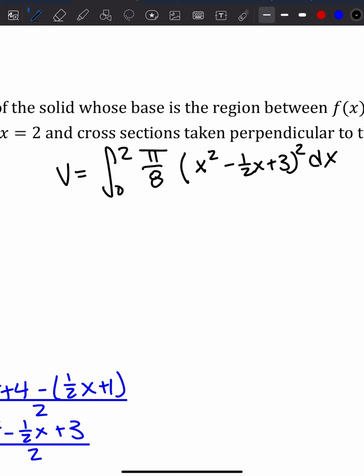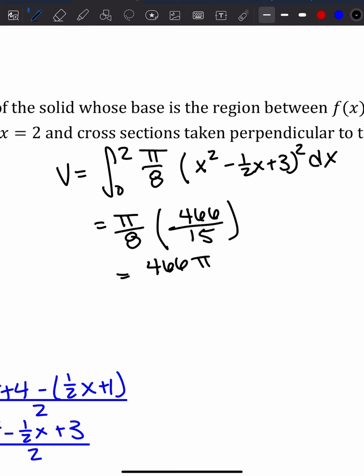Once again, I'm focusing more on setup than anything else. If we were to multiply this all out, one of the things that you may notice is that this was in both things. So my answer that we're going to get for this problem is going to be pretty similar, and the answer that we're going to get is pi over 8 times the previous answer, 466 over 15, which means that this is 466 pi over 120.